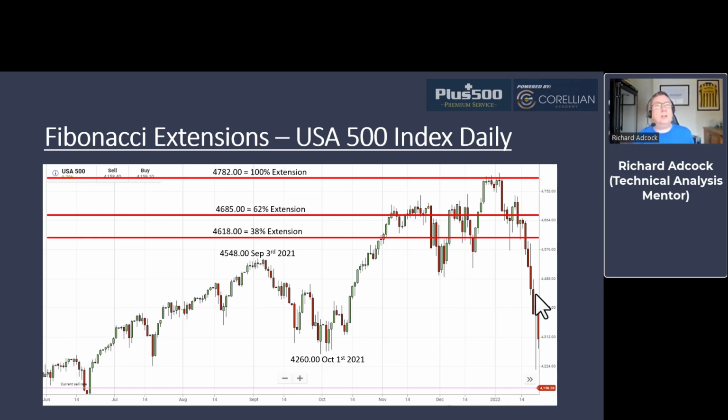So Fibonacci extensions allow us to highlight important support or resistance levels whenever we're trading in uncharted territory, when there isn't an obvious support or resistance level that we need to monitor.